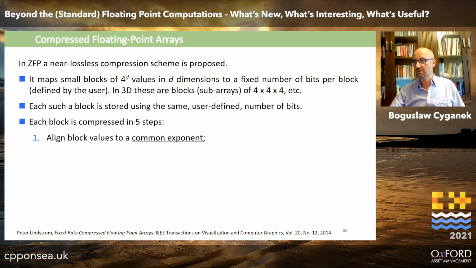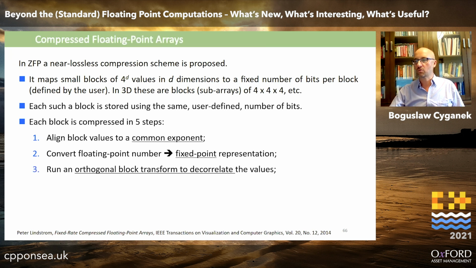especially with some transformations. So first thing is to align blocks of values to a common exponent, as I mentioned. The second thing is to convert this floating point number to fixed point representation. The third is to run an orthogonal block transformation to decorrelate the values. Quite a common operation in many compression schemes, also like JPEG with the cosine base, and this is quite interesting.